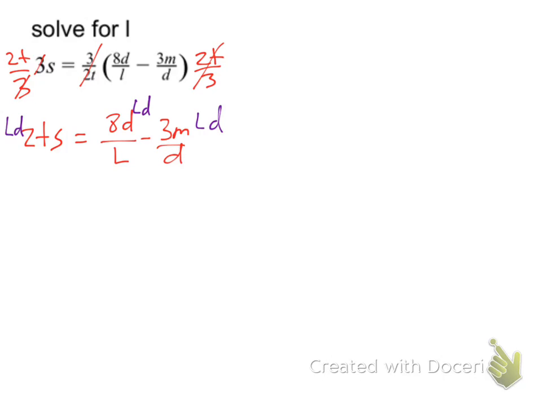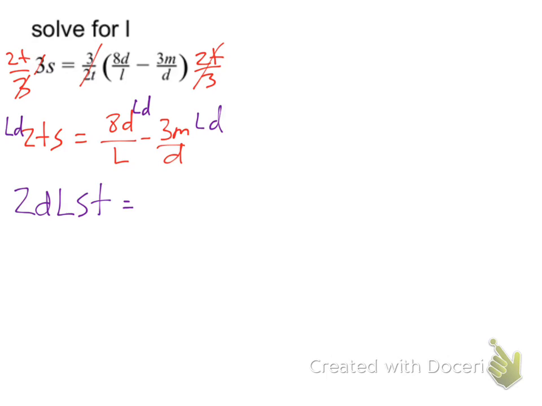So LD times 2TS, can anything go together? No. I'm going to try to put my coefficients first. Numbers always go first. And as best I can, I'm going to put it in alphabetical order, just to standardize things. Does it have to be? No.